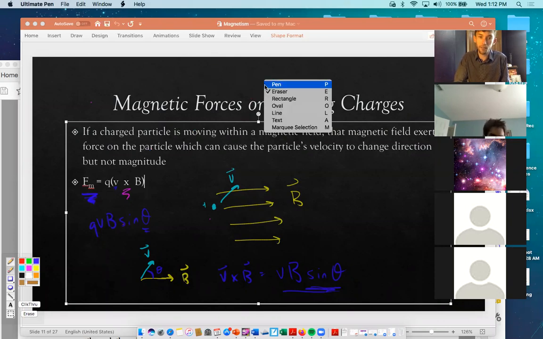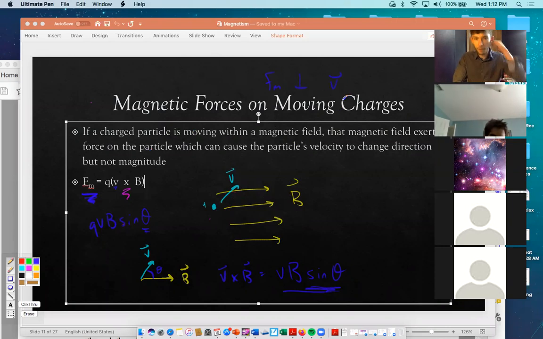You need to be clear on this: the magnetic force that results from a charged particle moving in a magnetic field will always, 100% of the time, be perpendicular to that velocity vector. In fact, the magnetic force is perpendicular to both the velocity vector and the field vector.